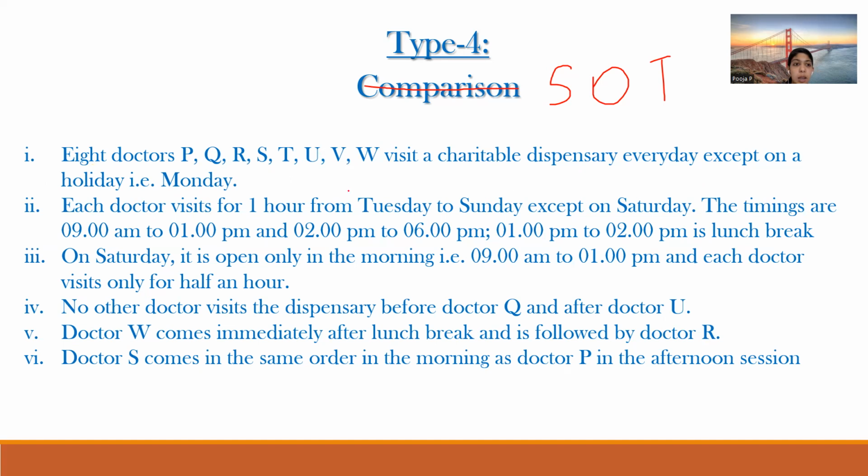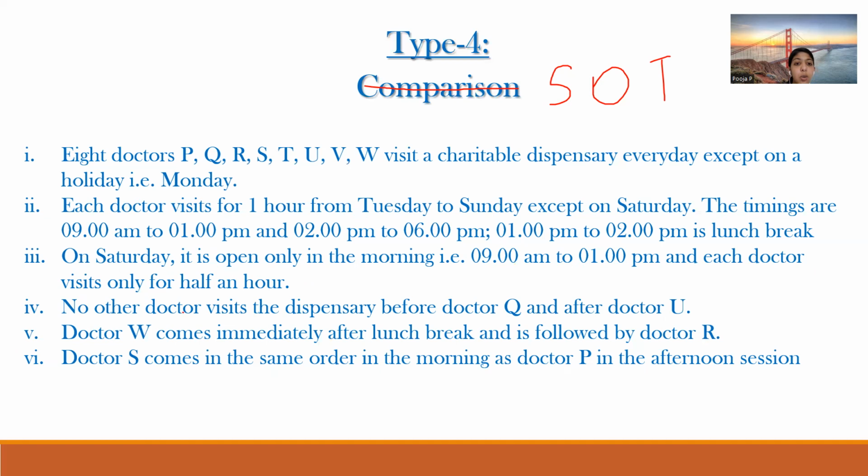The timings are 9 to 1 and 2 to 6, whereas 1 to 2 is lunch break. So that's why they've given 9 a.m. to 1 p.m., 2 p.m. to 6 p.m. On Saturday, it is open only in the morning, that is 9 a.m. to 1 p.m. And each doctor visits only for half an hour. So from Monday to Sunday, except Saturdays, the doctors are visiting for 1 hour each. Only on Saturdays, the doctors are visiting for half an hour each.